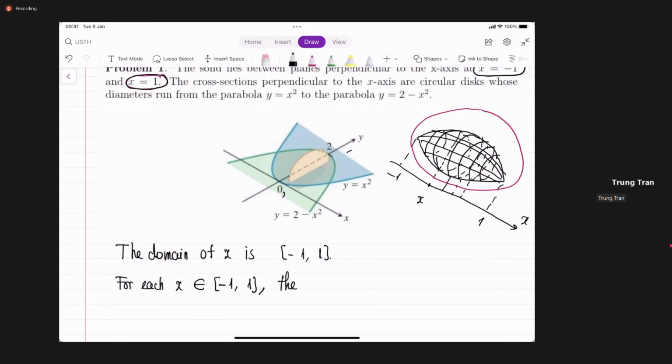Now, for x between -1 and 1, the cross section is a circle with a radius. What is the radius?